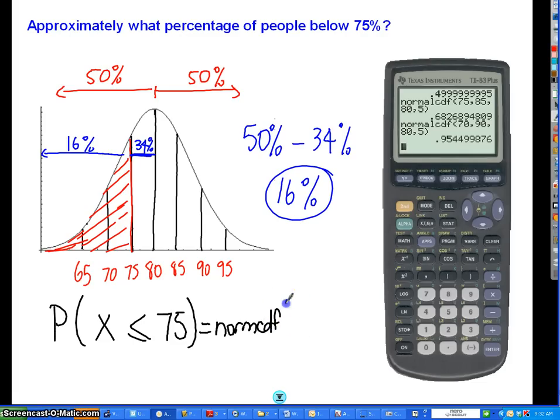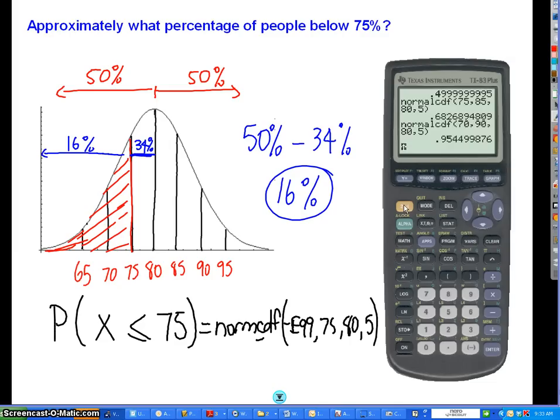Our min this time is a large negative value. So we enter negative e to the 99. So that's minus 1 times 10 to the 99, the largest number that our calculator can deal with. Our max 75, mean 80, standard deviation 5. So just a little one there to practice your large negative values.